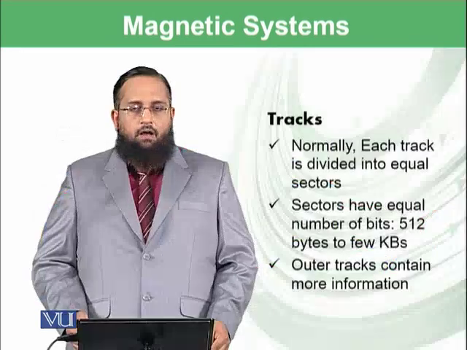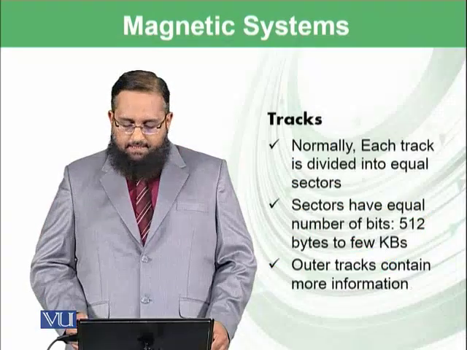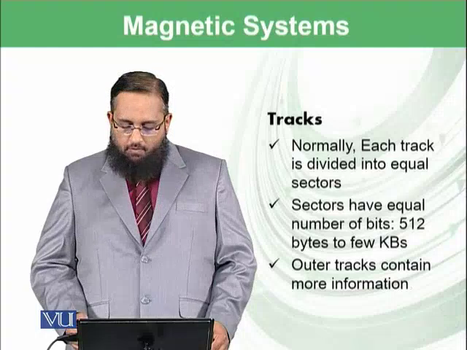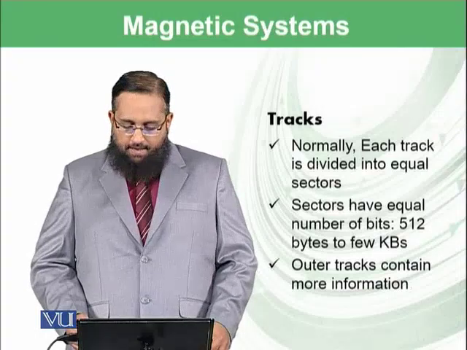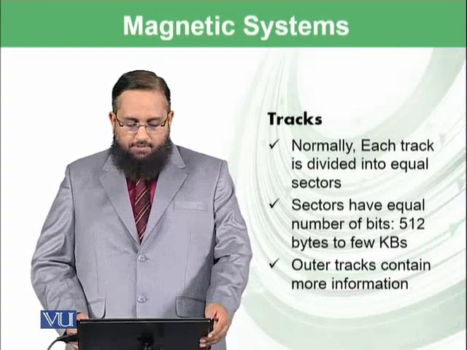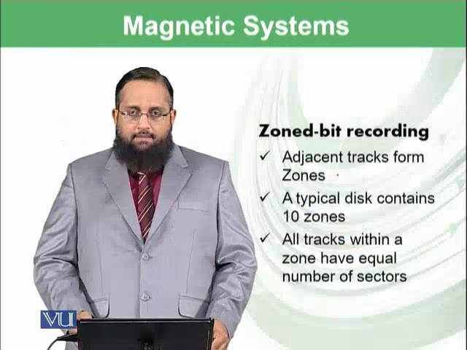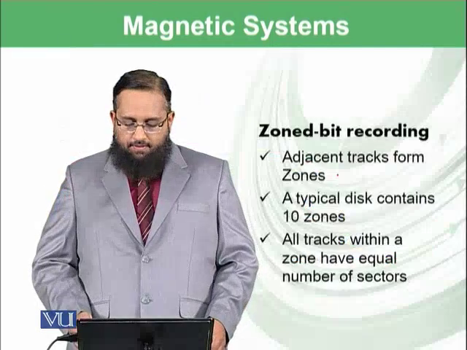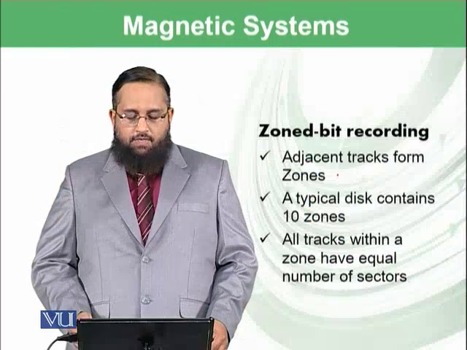Each track is divided into equal sectors, and sectors have an equal number of bits, about 512 bytes to a few kilobytes contained in each sector. Outer tracks contain more information because they are comparatively larger in area. Then there is the concept of zone bit recording. Adjacent tracks form zones.